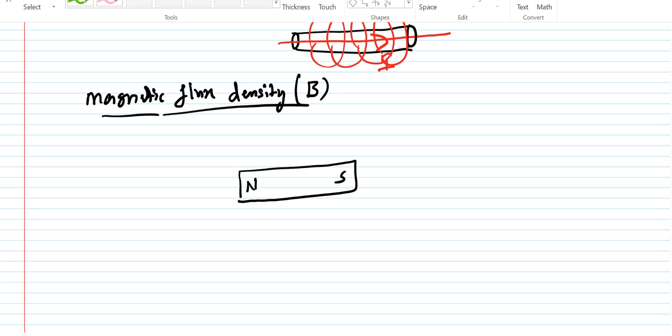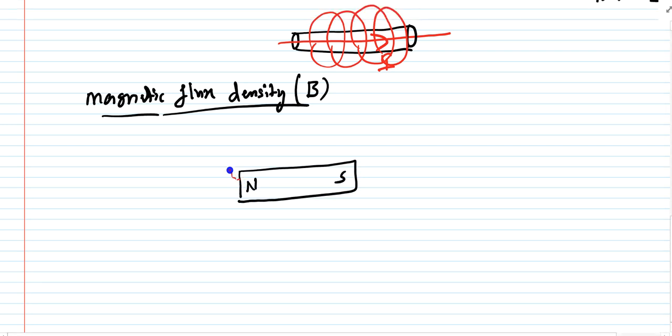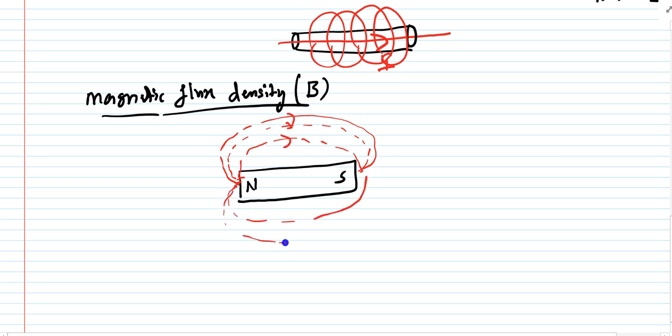The magnetic flux goes from the north pole to the south pole, something like this. This is called magnetic flux, or magnetic lines of force.